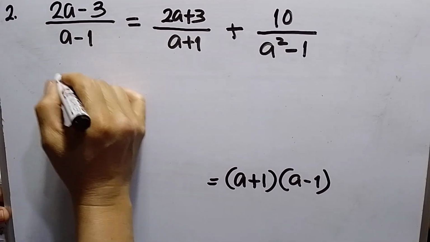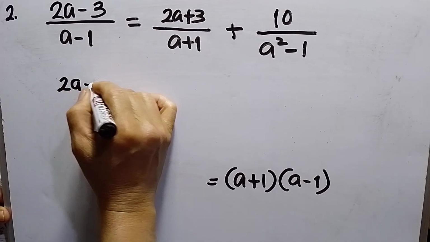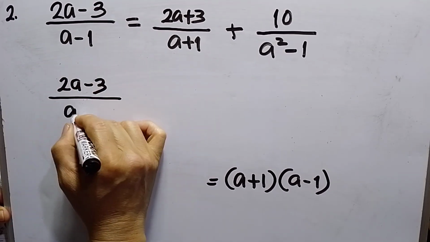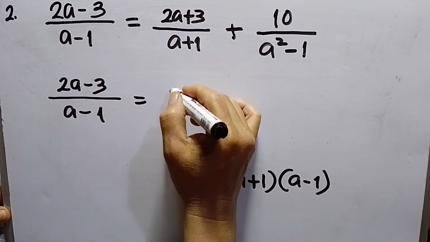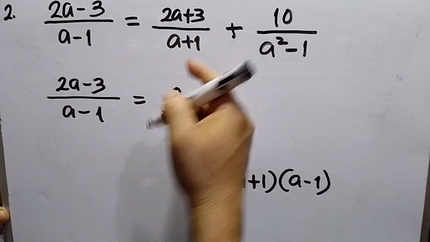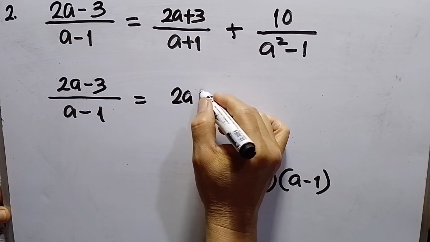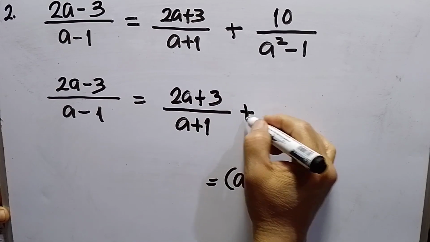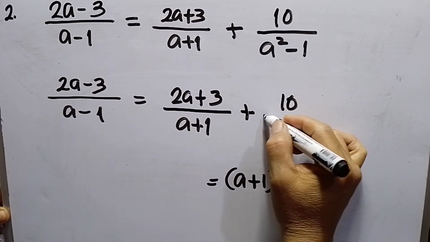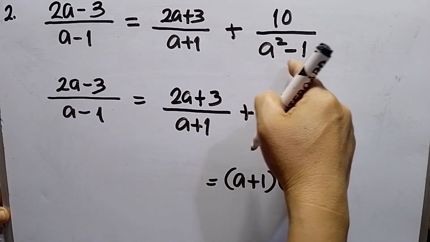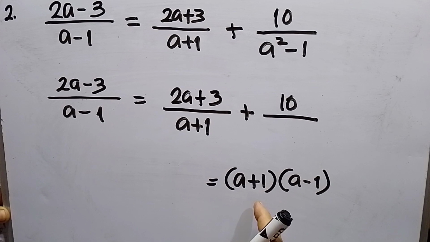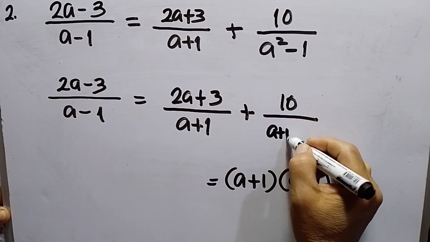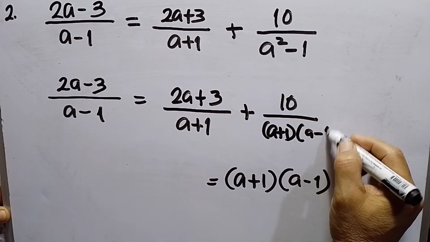So just copy the fraction, (2a − 3)/(a − 1) is equal to, copy also the fraction at the right side, (2a + 3)/(a + 1), then plus 10 over the factors of a² − 1, which are (a + 1) times (a − 1).